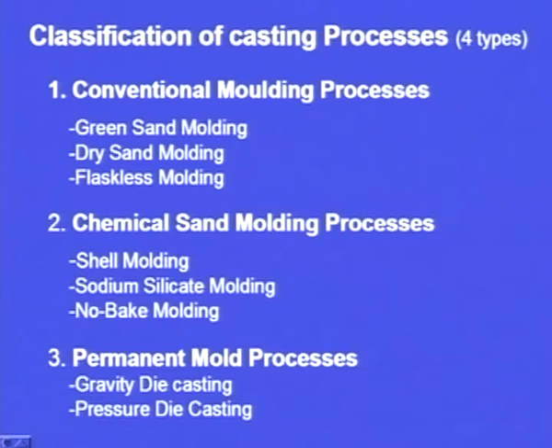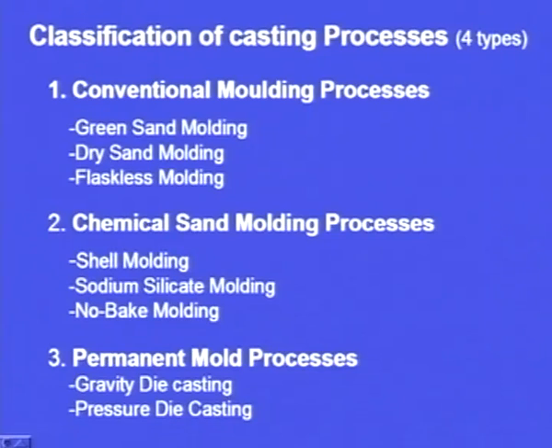That is why we have developed dry sand moulding, in which before pouring the molten metal, we dry the mould. Again, there are 2 types of dry sand moulding: in one, we just dry the surface of the cavity using gas torches or infrared rays. In the other, we completely dry the mould by placing it in ovens for a few hours.